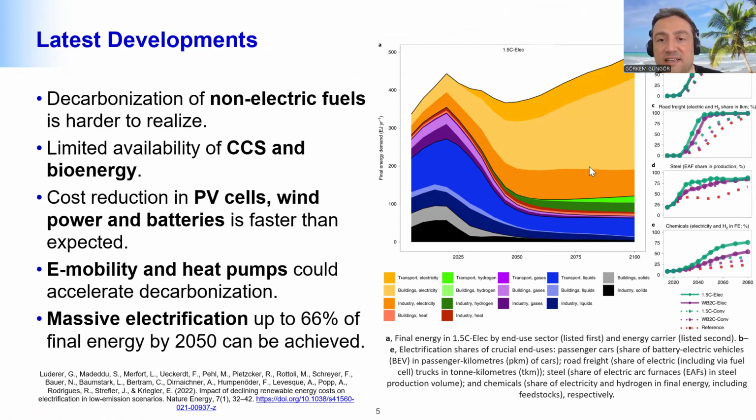And you can see in the graph that there's a massive electrification in transport, buildings, and industry. Hydrogen is critical for electrification because deploying massive renewable energy also requires storage mediums such as hydrogen and batteries. And you can see that the solid fuels eventually reduce to a minimum.